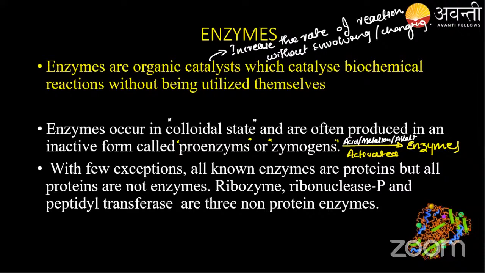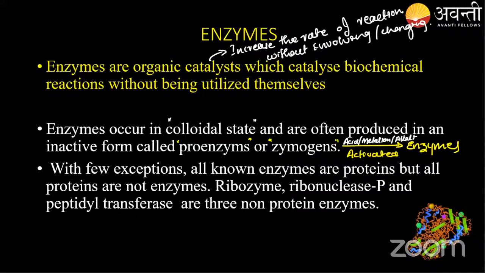Okay, same thing happens with the different enzymes which are produced in your pancreas. When those enzymes are produced in the pancreas, they are in an inactive form. When they come to the intestine, only then will they get into the activated form.